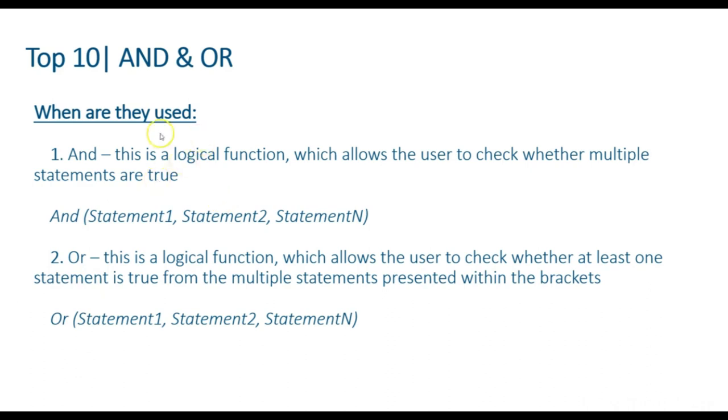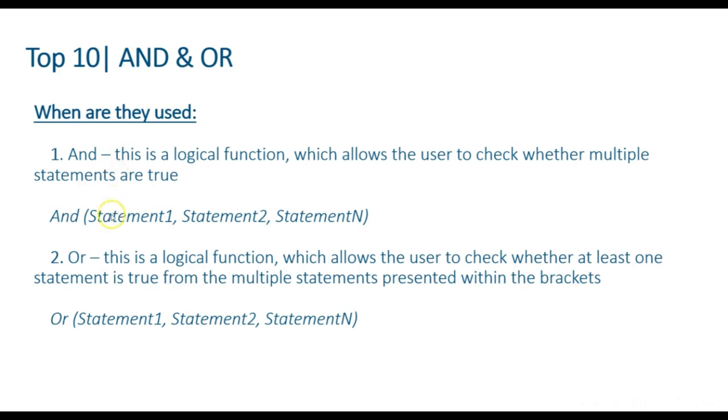These are two logical functions which are very often used, especially in combination with the IF statement formula that we discussed earlier in this course. So AND is a logical function which allows us to check whether multiple statements are true.